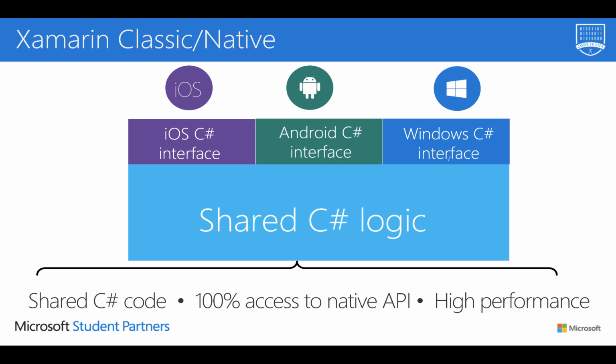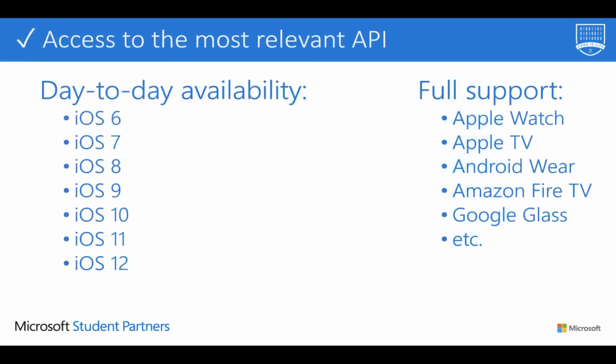Actually, Xamarin provides 100% native API just because Xamarin works really properly with both Google and Apple in providing the best experience in Xamarin. And it has really high performance. I'll talk about it later.